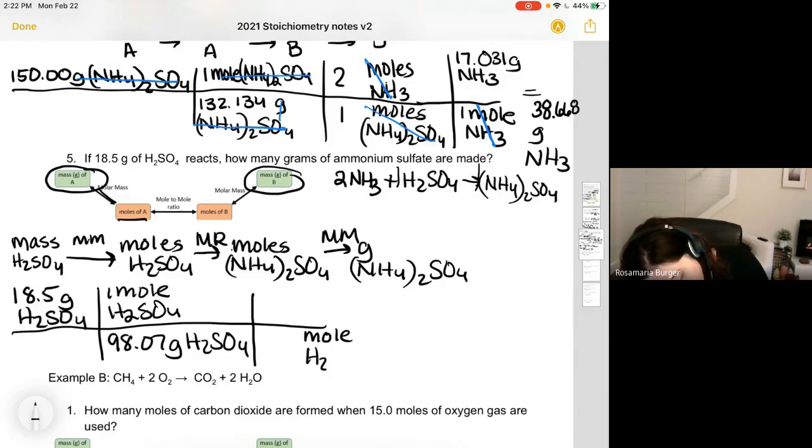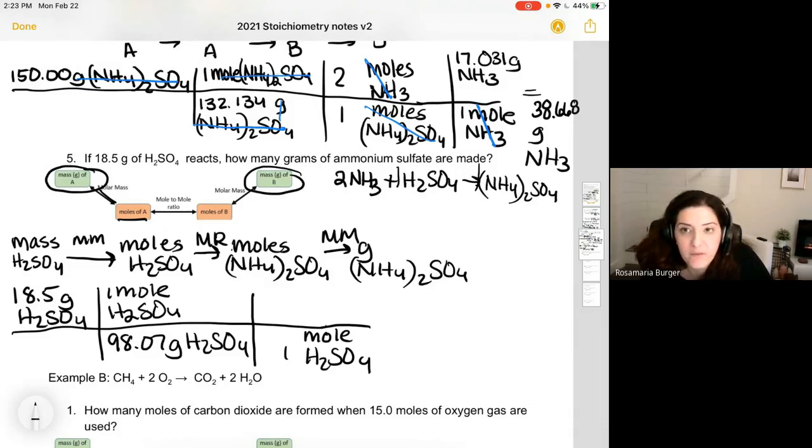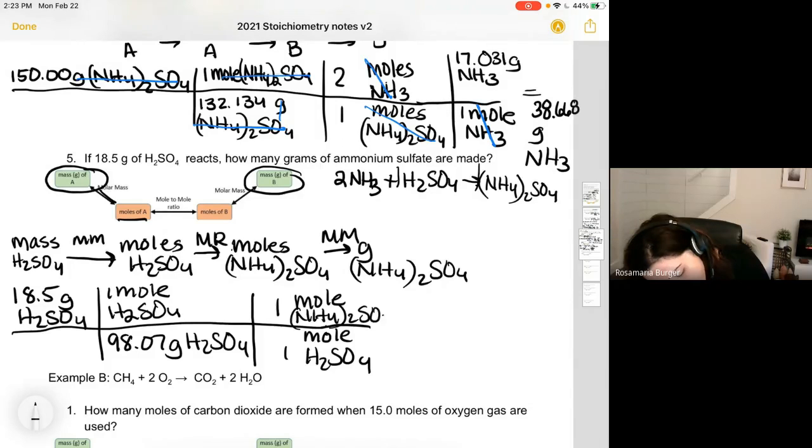You can't skip this step because you still need it to be able to switch over those units, those substances. 1 mole NH4 to SO4. Now we've gotten rid of moles of H2SO4, and we've also gotten rid of grams.